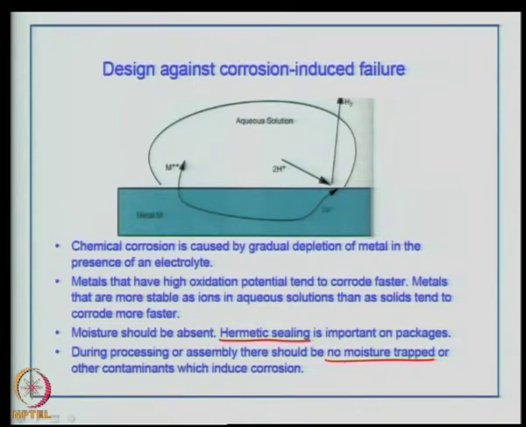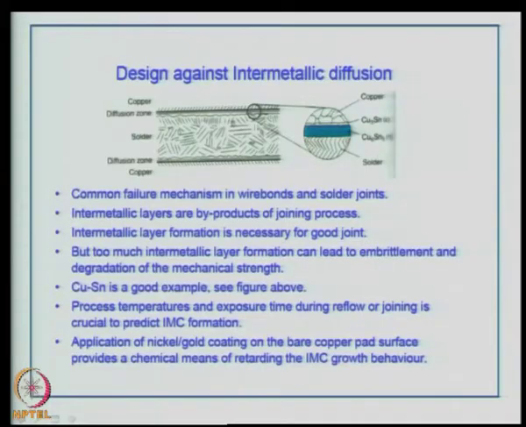The process needs to be well controlled to remove moisture. Even your encapsulants will absorb moisture, but you have to dry them before they are actually used, or during use you have to make sure that it is moisture free. So, these are some of the important things that you have to take care of, including intermetallic diffusion, which we see in the solder material.